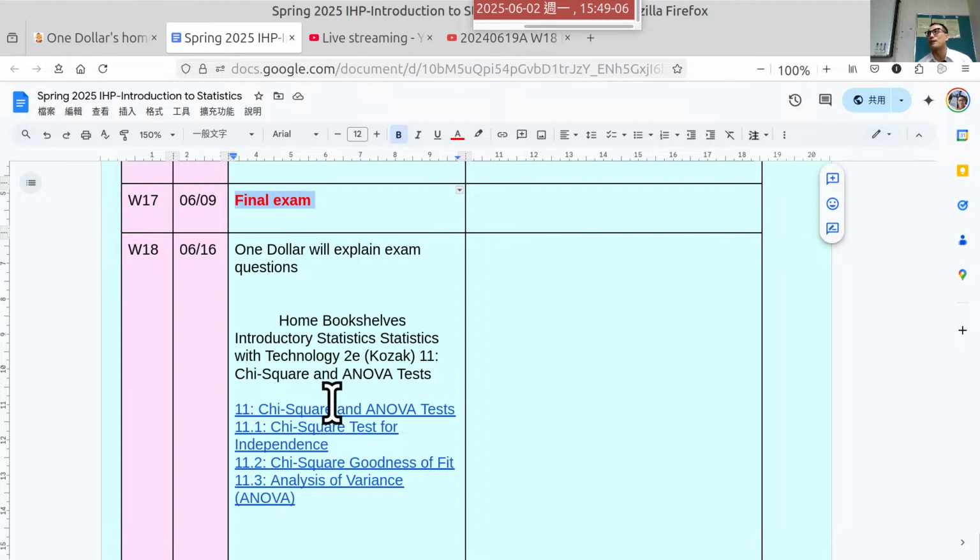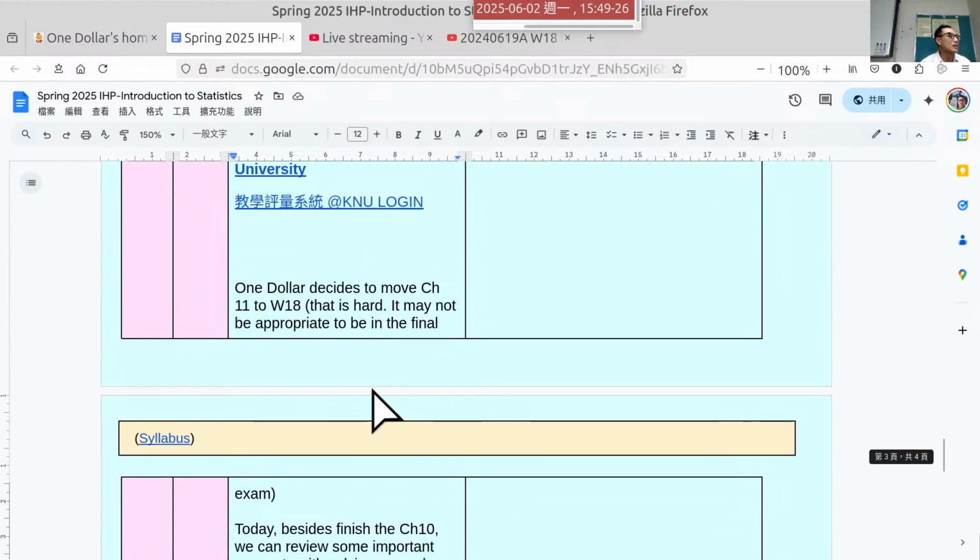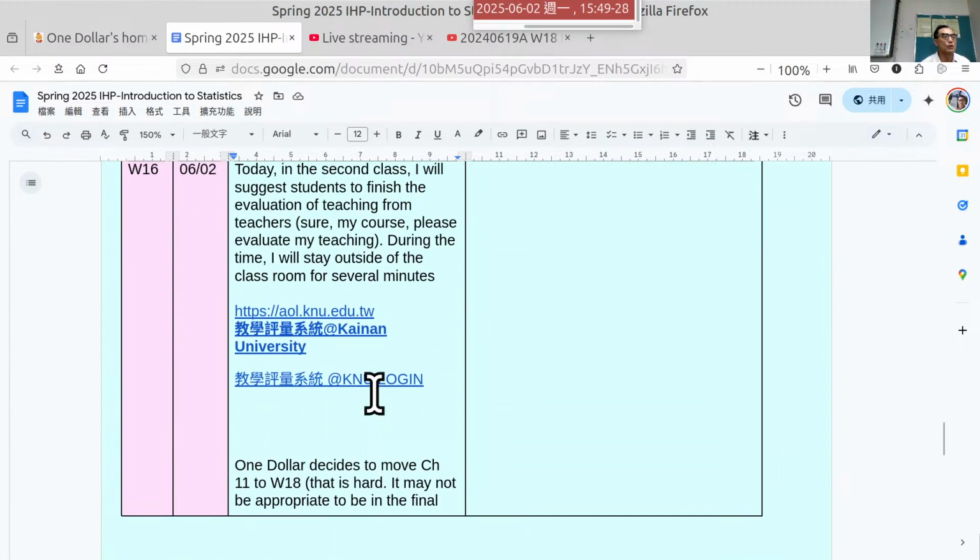So I think it's not fair to have this kind of question on the final exam. Thus, I decided to teach this part in week 18. So you don't need to worry about those questions. Today I will finish the linear regression. I will share some useful websites you can practice with, and I will remind you about your digital notes on the website.